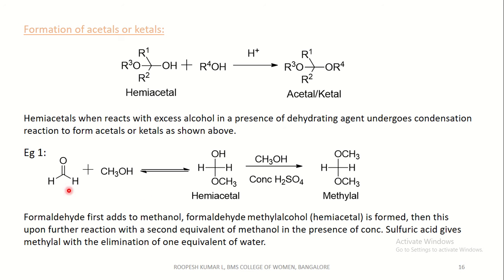That is, formaldehyde reacts with methanol, we get a hemiacetal, as shown in the previous slide. This reacts with one more molecule of methanol in the presence of concentrated sulfuric acid, and we get methylal.